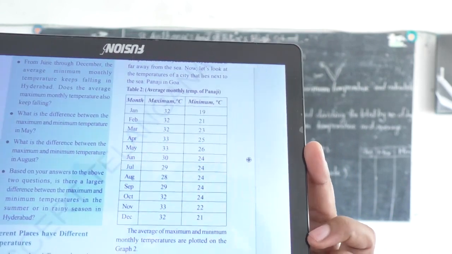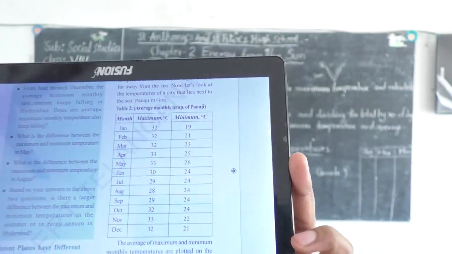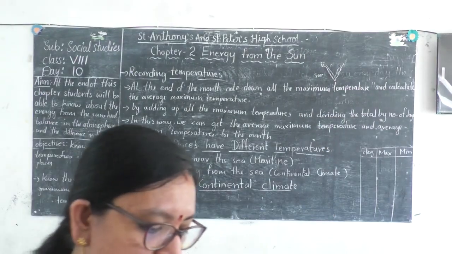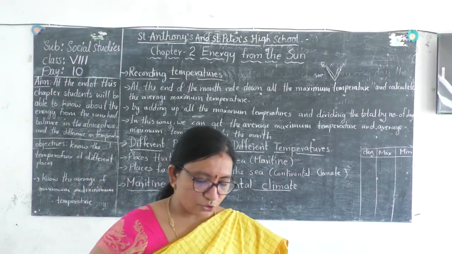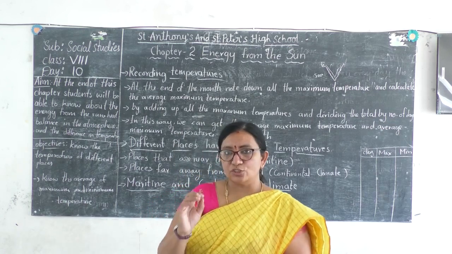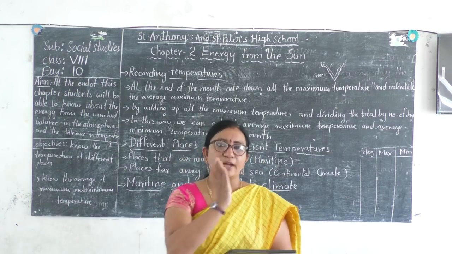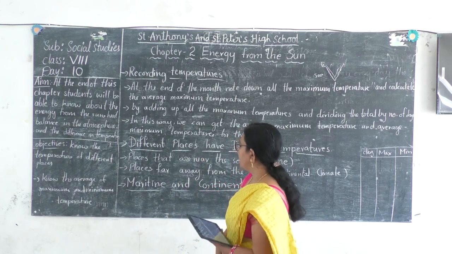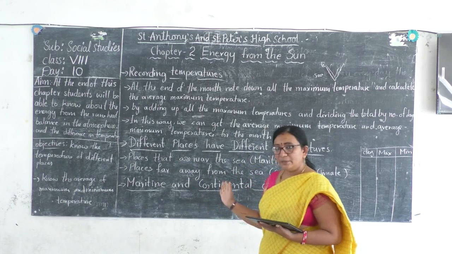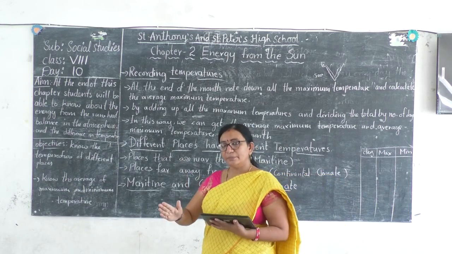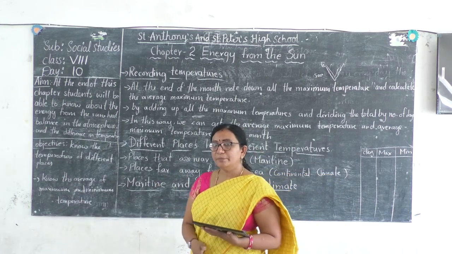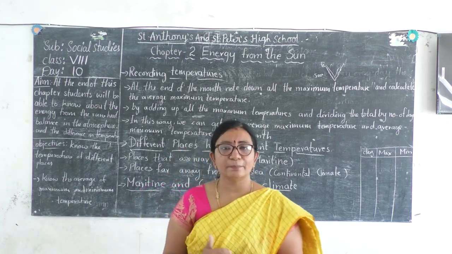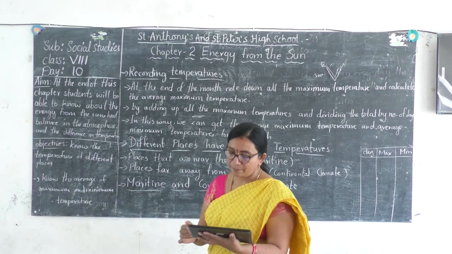You can observe the maximum and minimum temperatures and compare them with Hyderabad. Just make a table of Hyderabad and Panaji and note down the maximum and minimum temperature of each. Like this, you can differentiate between the temperatures of Hyderabad and Panaji.